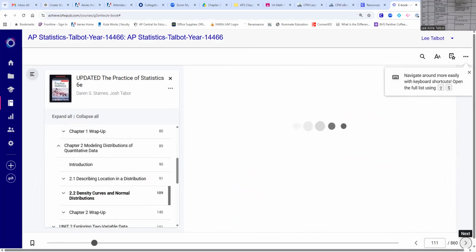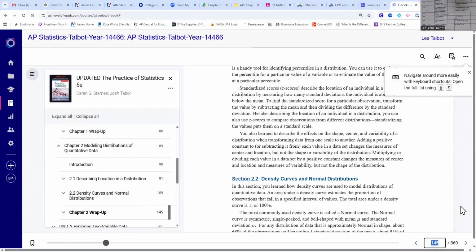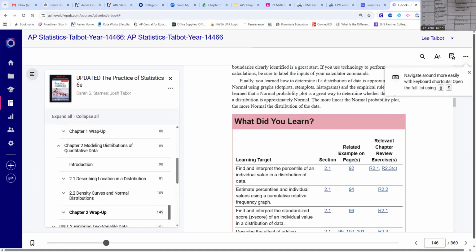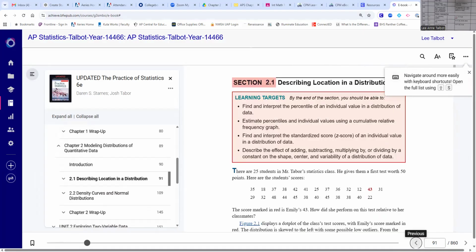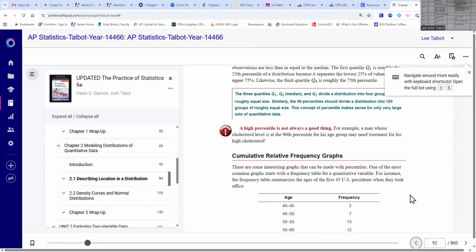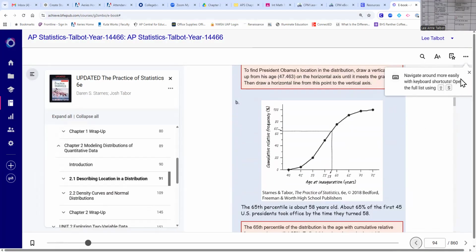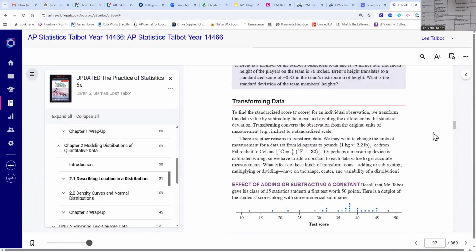Why is it going like a bunch at a time? Oh, you could just scroll.